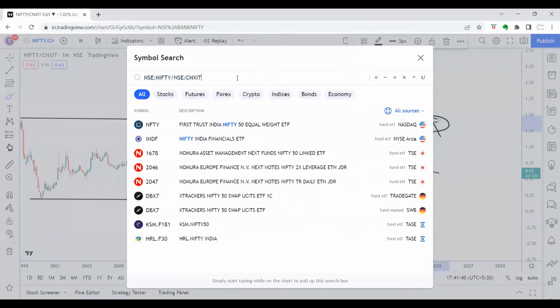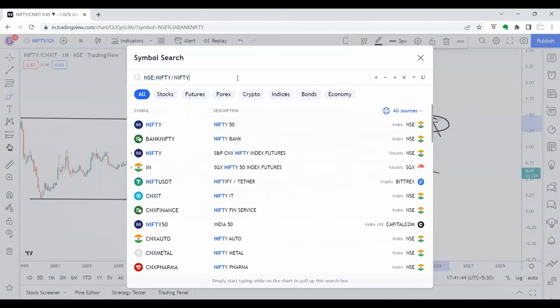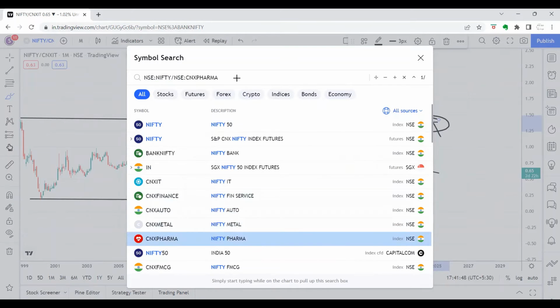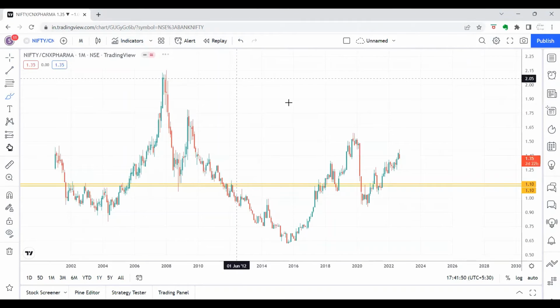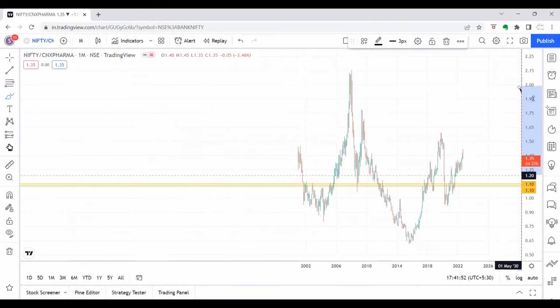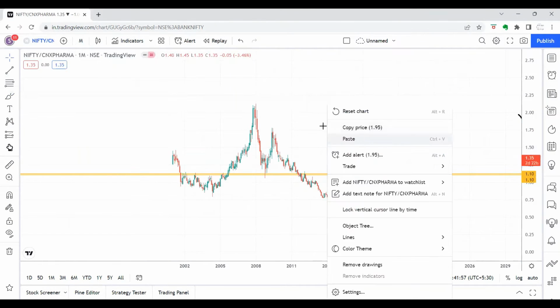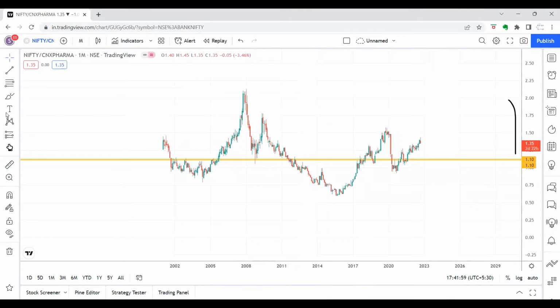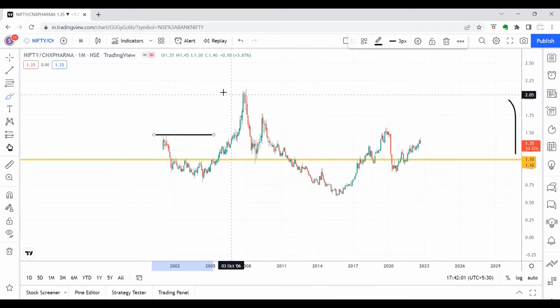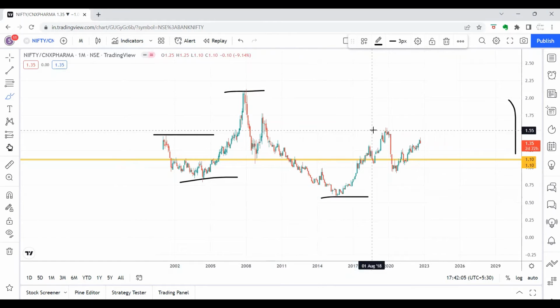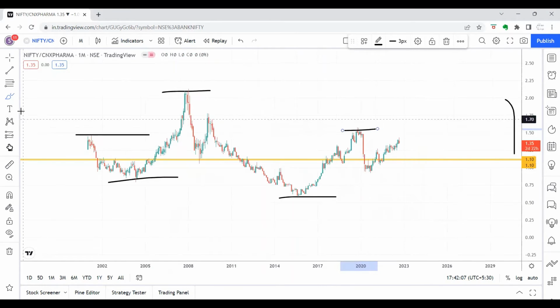Now let me select Nifty Pharma. As you can see, in the monthly chart, it has made a lower low and it has made a pullback.